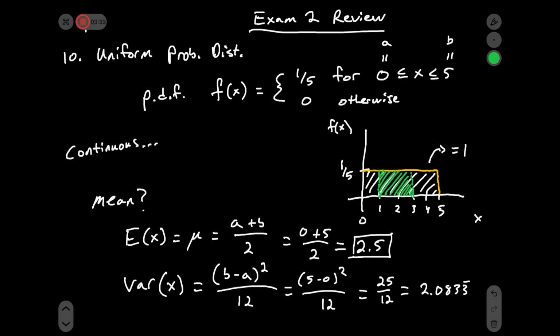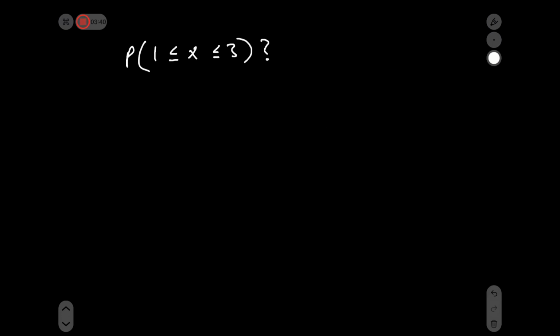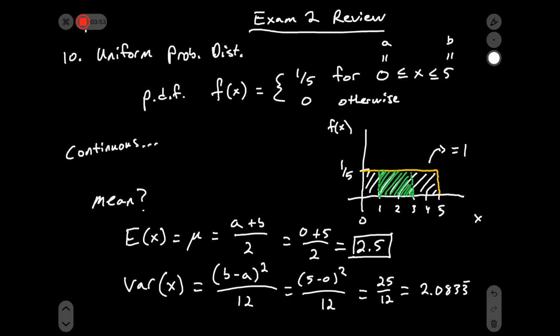So what is the probability, there's a lot of ways that we could do this. What's the probability that x is less than or equal to 3? You can see this, right?